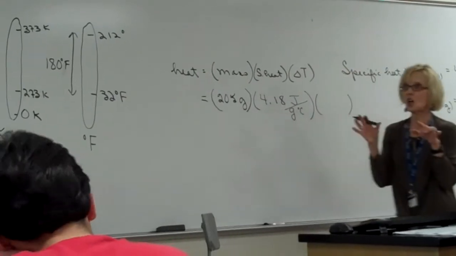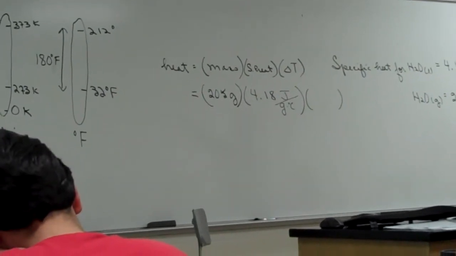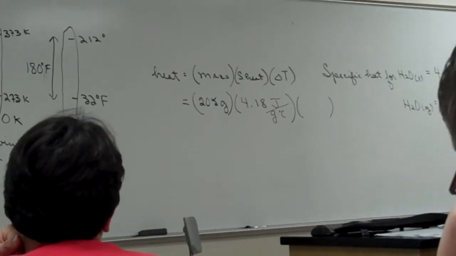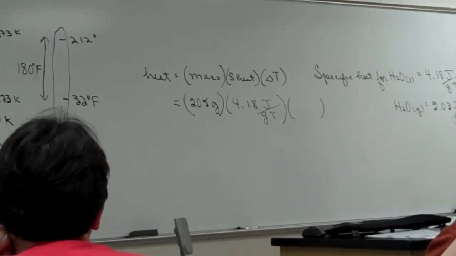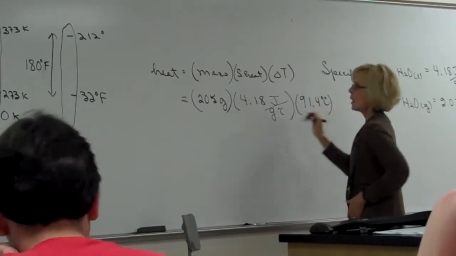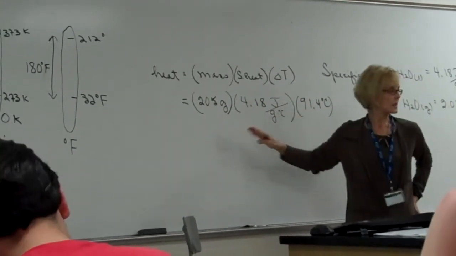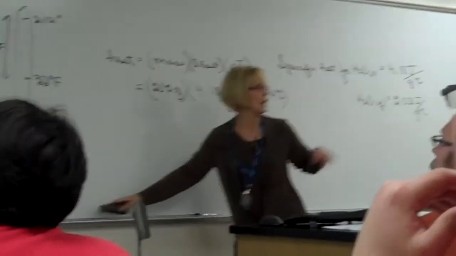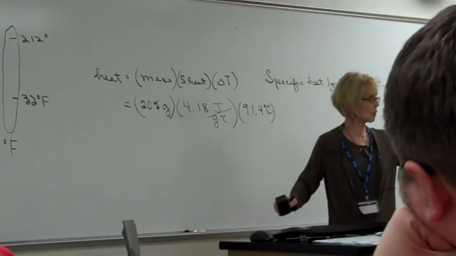And then we need the change in the temperature. So we need to look up there and get the change. Timothy, can you tell us? 91.4. Okay, watch before you start crunching numbers. Delta T, Timothy, is the change in the temperature.